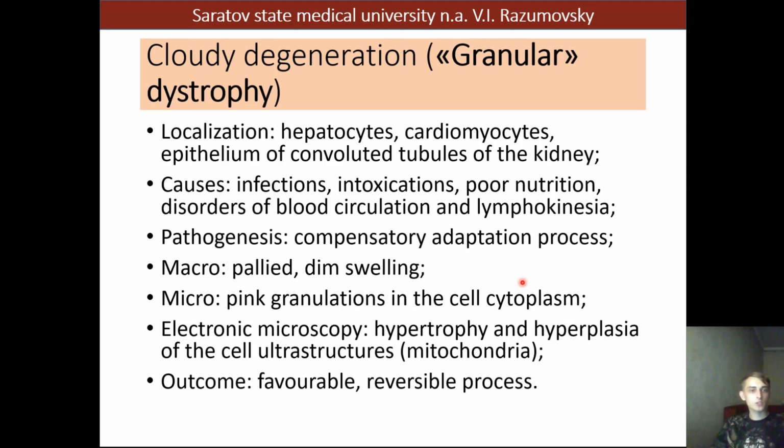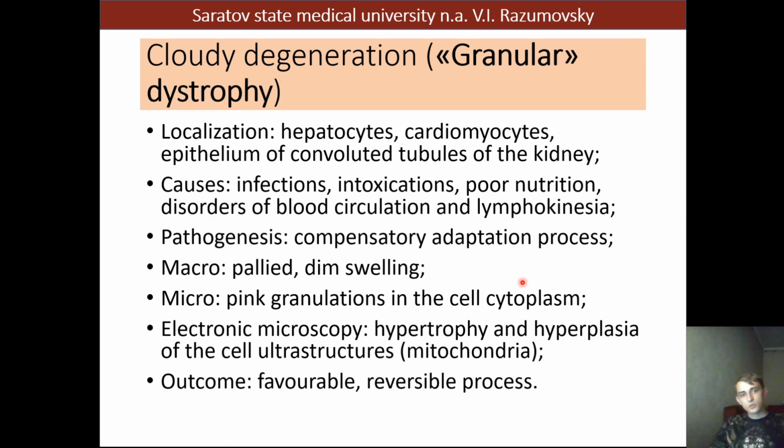It may be associated with strong physical activity in our heart muscle and muscles in our body. But in our department, we will talk about cloudy degeneration as a type of parenchymatose protein degeneration. Localization of this degeneration is hepatocytes, cardiomyocytes, and epithelium of tubes in the kidney.